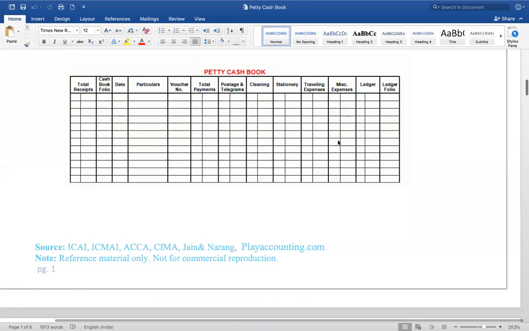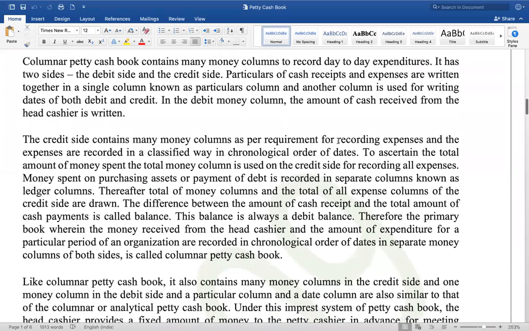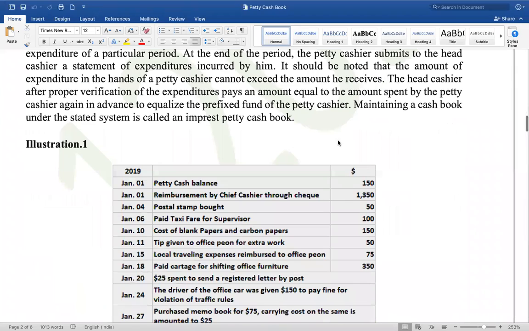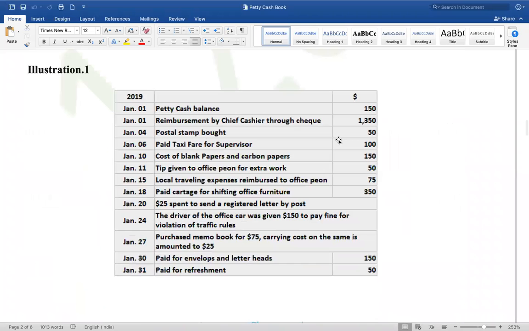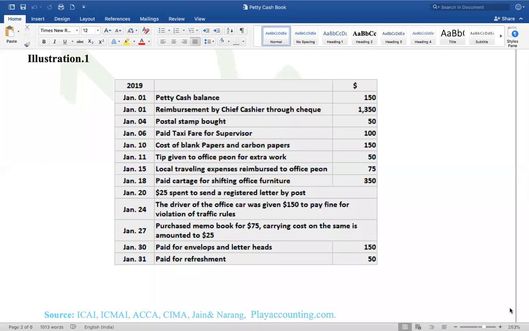We'll take a problem, then you will understand. We'll come back to the discussion after working out a problem, because if you take a problem, then it is easy, right? So that is the format. Last two columns I have excluded for convenience sake.